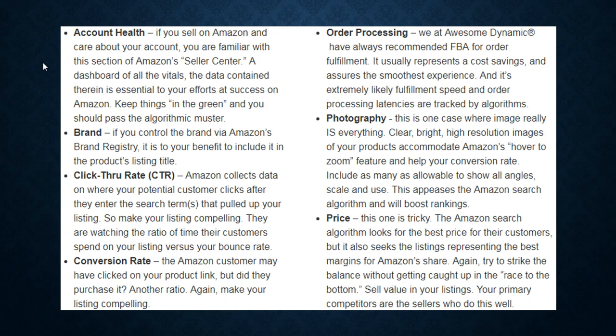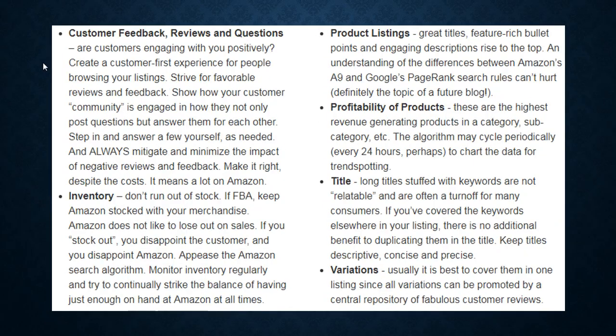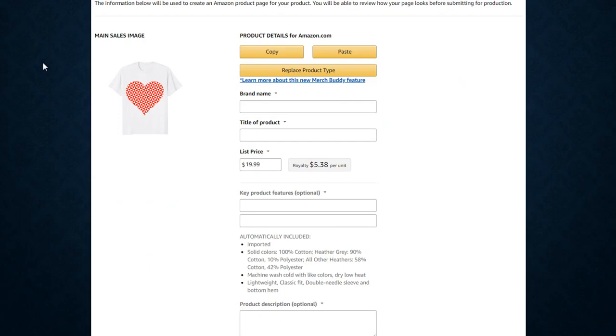A lot of these things, again, we do not have control over as Merch by Amazon sellers because we don't have control over those aspects or parts of a listing, but we do control other things. So basically, I guess if we go to this slide, the one thing to consider is everything that you have control over.